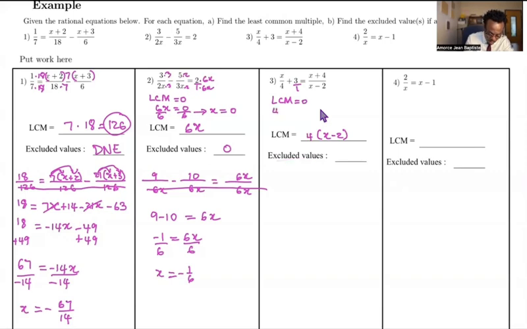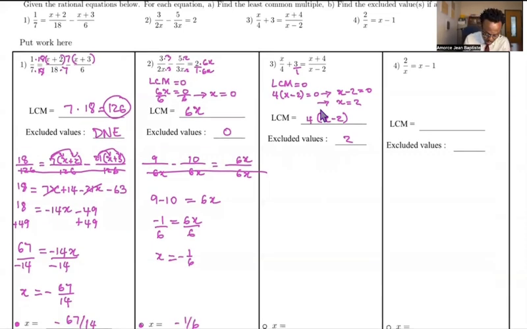So that's 4 times x minus 2 equals 0, which is, since 4 is not 0, so x minus 2 is 0. So x equals 2 is excluded. So we have the excluded value.